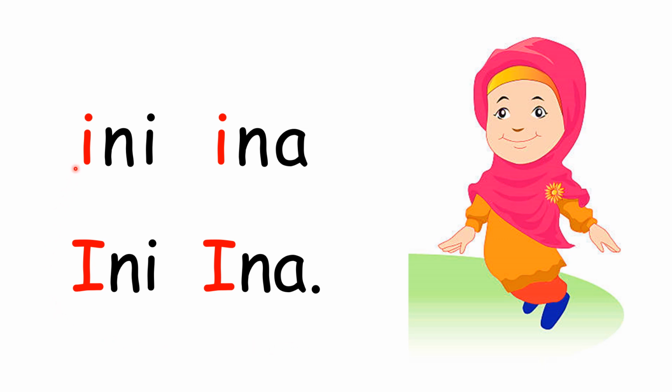Small letter to a capital letter. Okay. And for the name, we need to use a capital letter. And then I end the sentence with a full stop. So, Ini Ina.